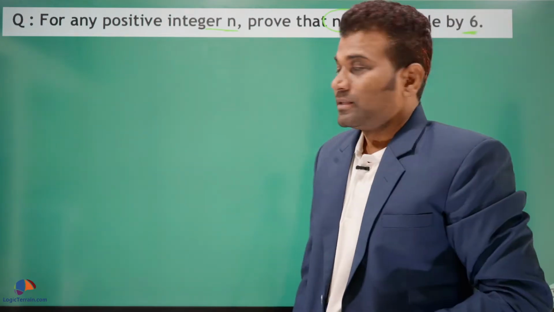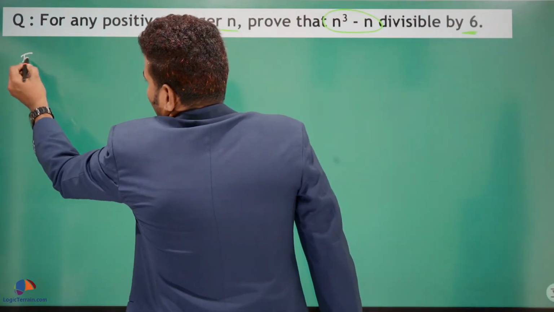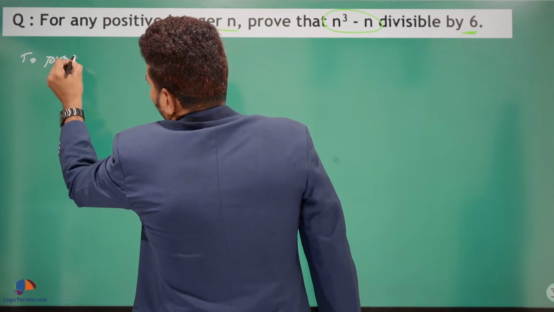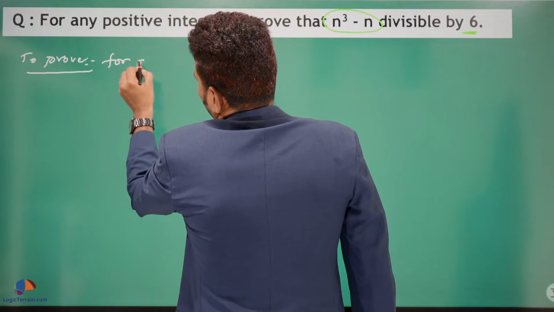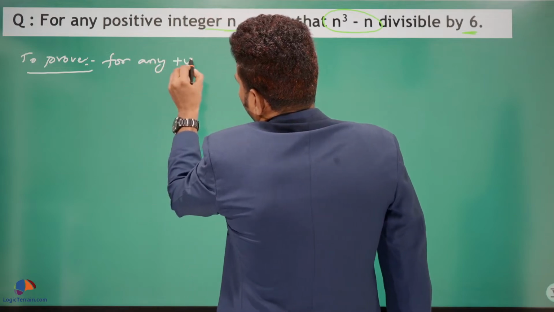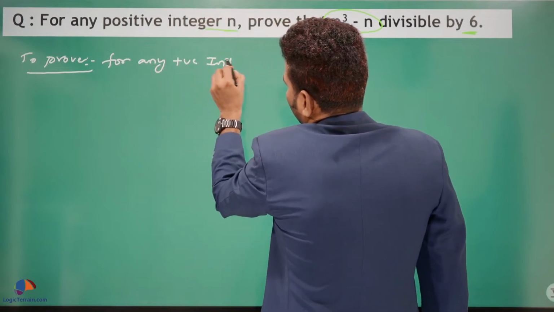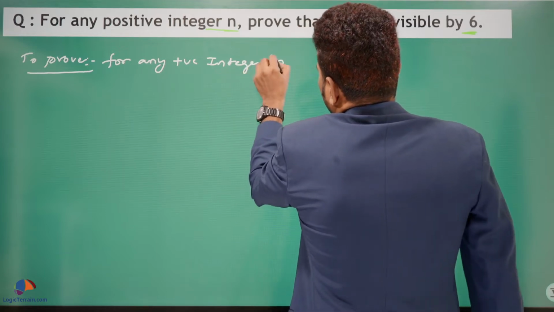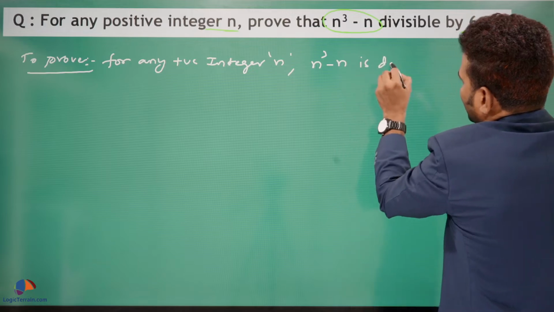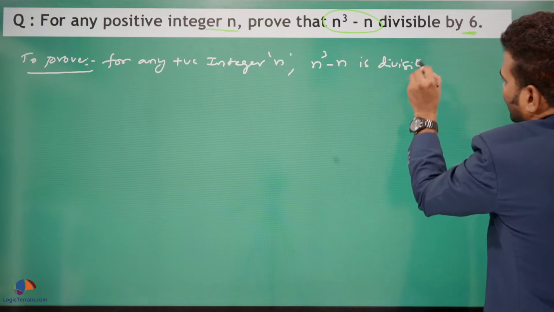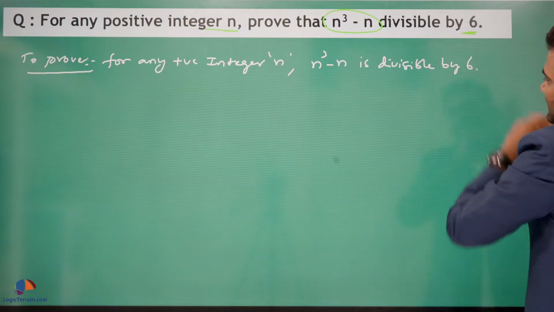Okay. So to prove that for any positive integer n, n cube minus n is divisible by 6.